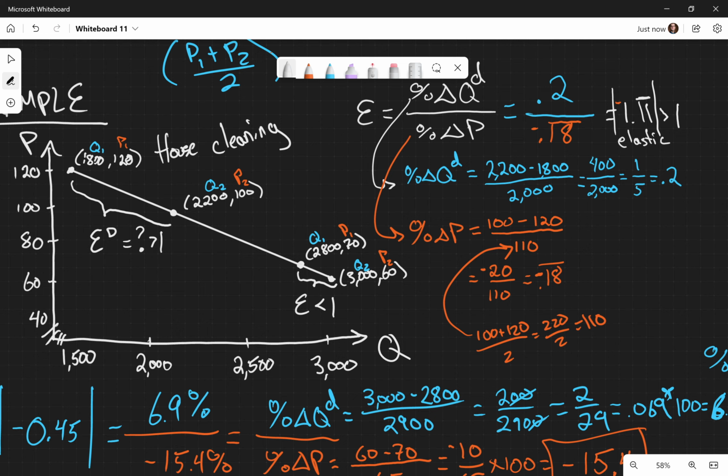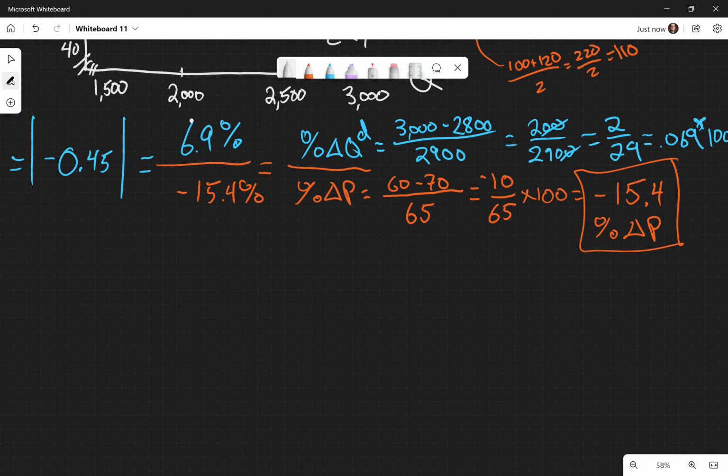And so some demand curves look like this. And essentially, you can think about this as the relevant range of this demand curve, right?